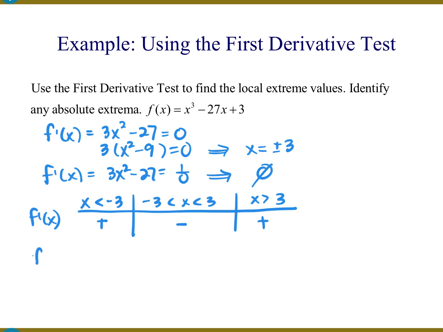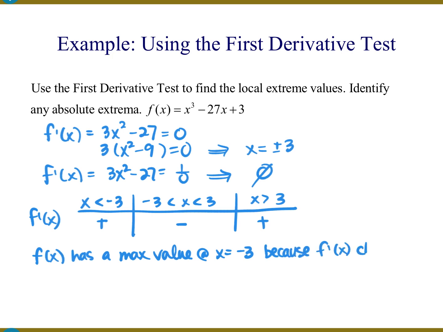So f of x has a max value at x equals negative 3 because f prime of x changes from positive to negative.